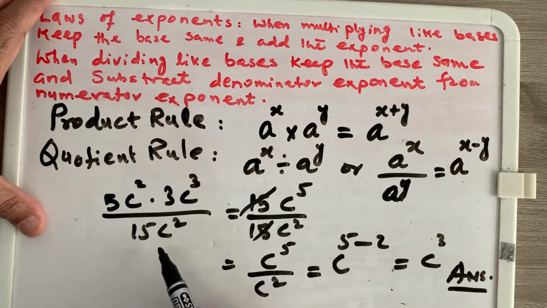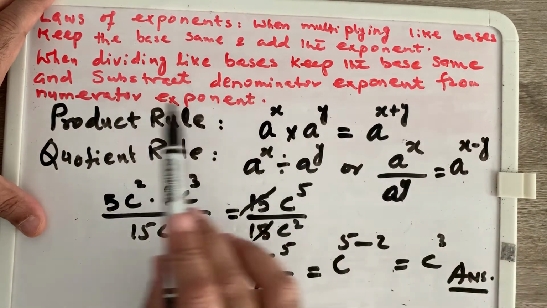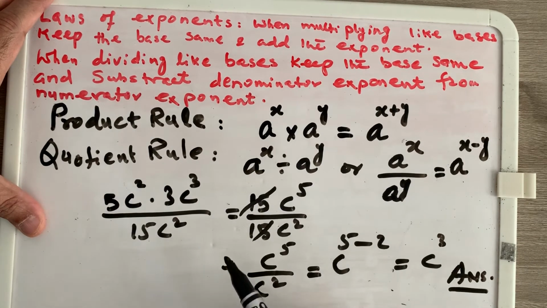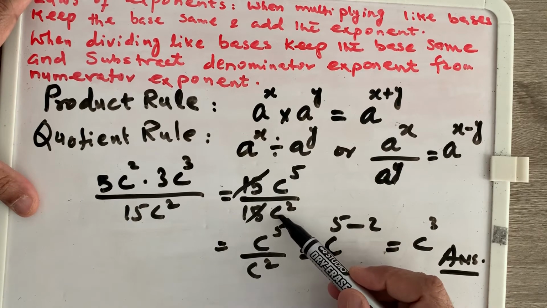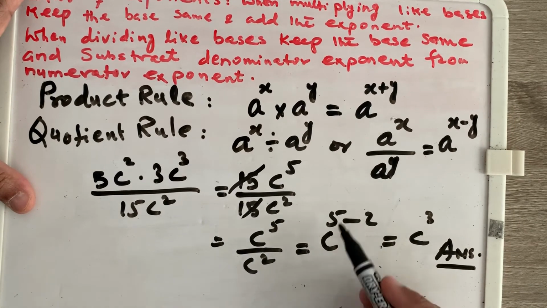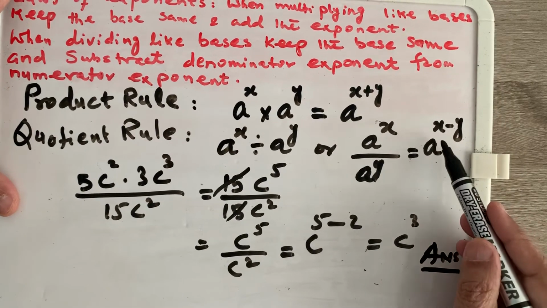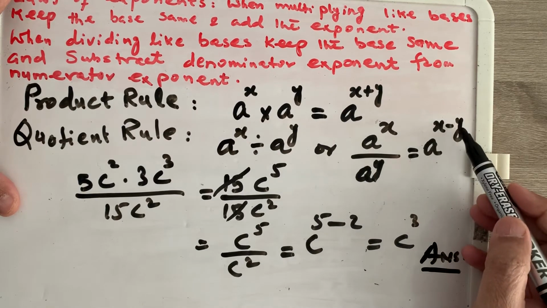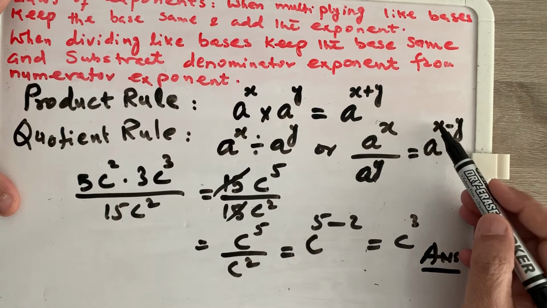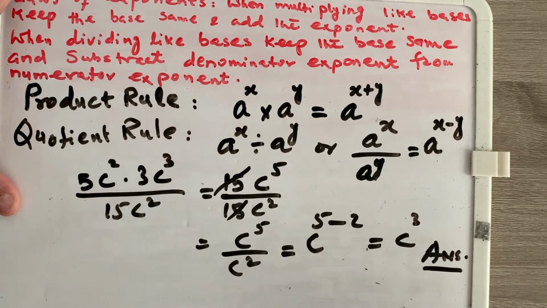And if something is in the denominator with the same base, that is the quotient rule. So you have to subtract the denominator exponent from the numerator exponent. So we did that because we have c power 5 in the numerator and c power 2 in the denominator. So they need to be subtracted from each other as per our rule. And my rule is subtract the exponent of the denominator from the numerator. So x minus y, or 5 minus 2. You can see this example, right?